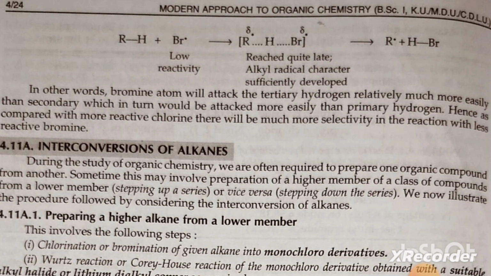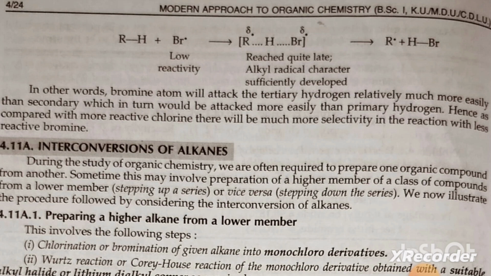Interconversions of alkanes. During the study of organic chemistry, we are often required to prepare one organic compound from another. Sometimes it may involve preparation of a higher member of the class of compound from a lower member, stepping up a series, or vice versa, stepping down the series. We now illustrate the procedure followed by considering the interconversion of alkanes.